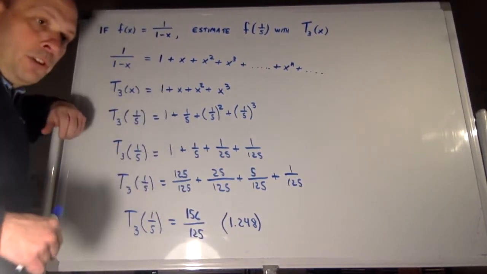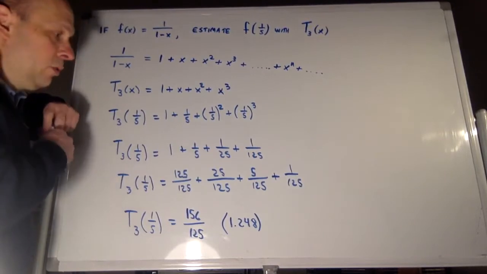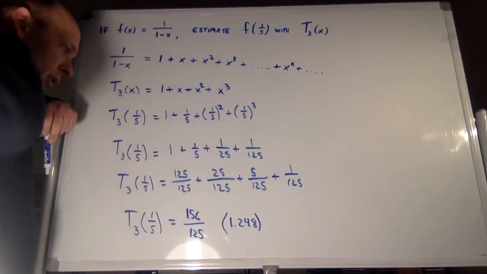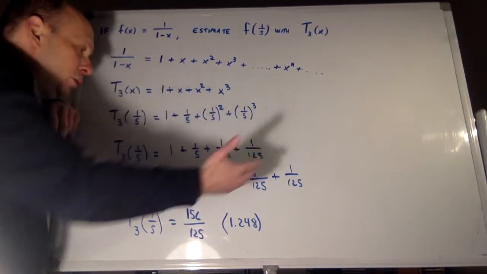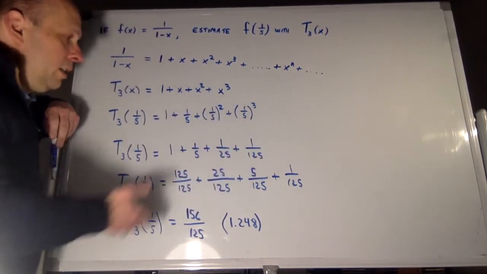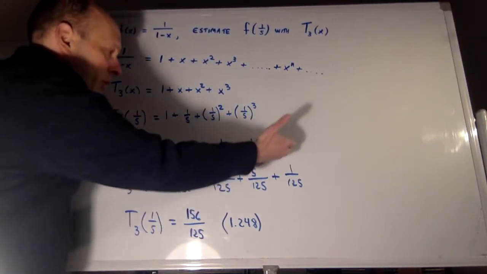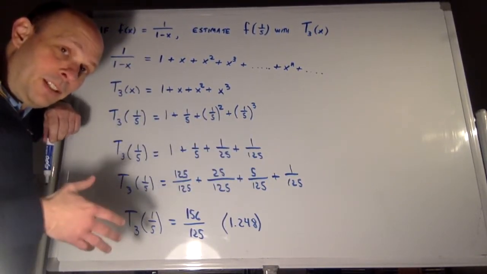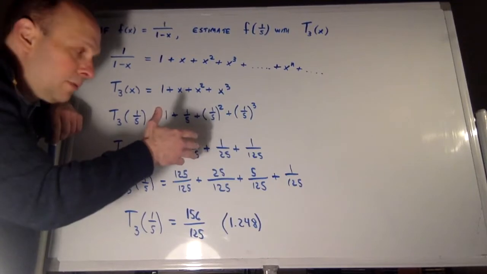Now, yesterday we were doing the alternating series error bound, where it was simply the first neglected term. You could probably realize why that's not going to work here, right? The next term after this would be 1 over 625. That's clearly not going to be the error bound here because all the terms are positive, right?